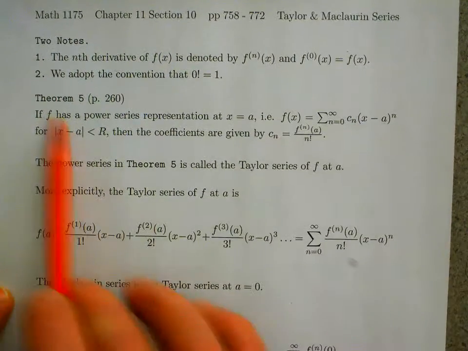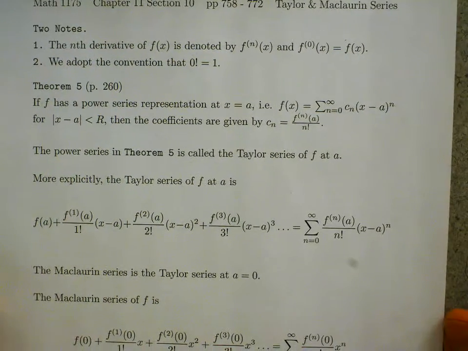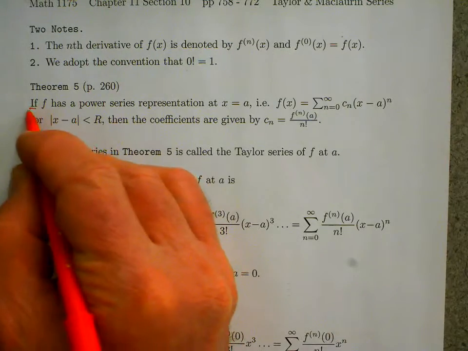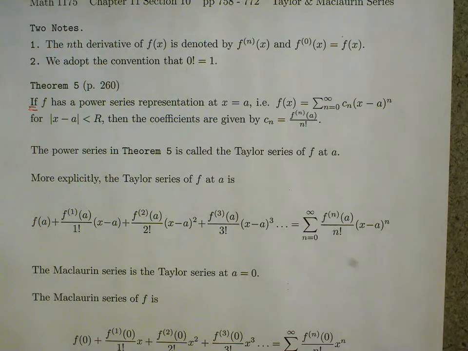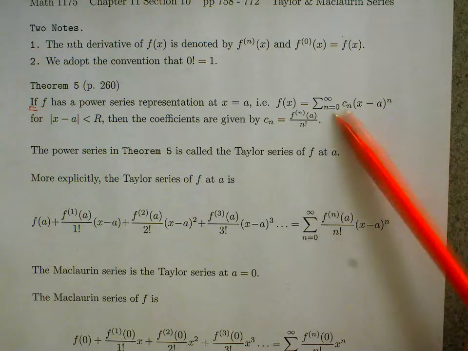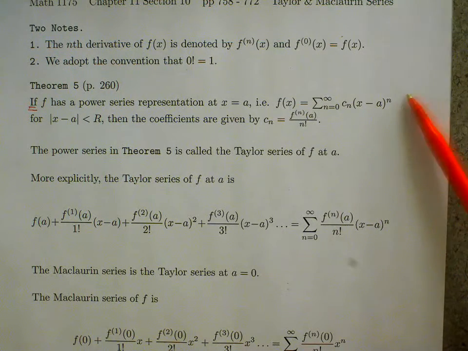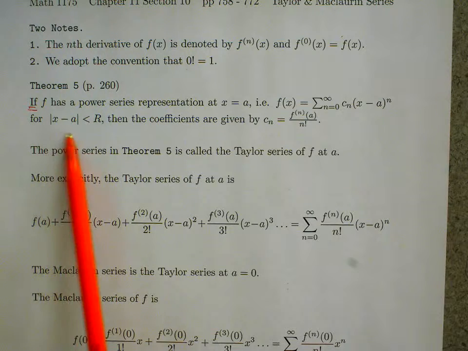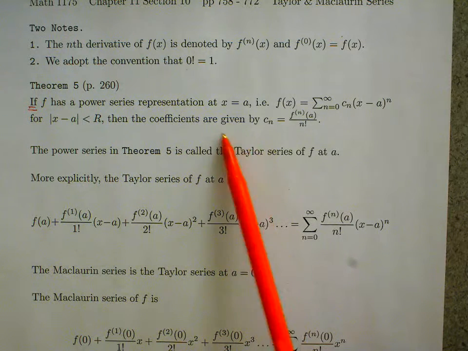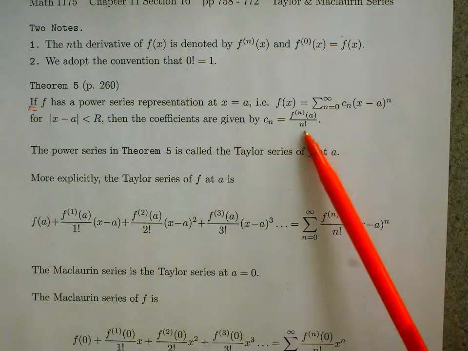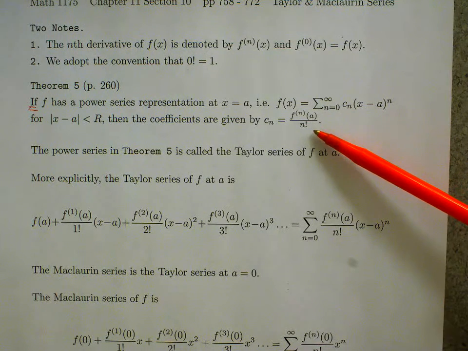Okay, so that brings us to Theorem 5 on page 260. So remember, if a function f has a power series representation at x equals a, that is f of x equals this series, the terms are c sub n times x minus a to the n for the absolute value of x minus a less than r, the radius of convergence, then the coefficients are given by c sub n equals the nth derivative of f evaluated at a divided by n factorial.